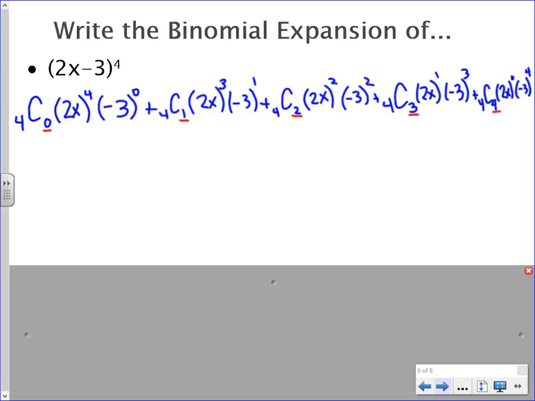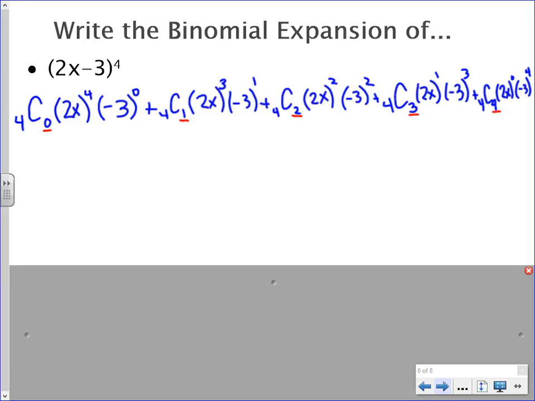So whatever the term is here, the second term in the binomial, its power will always match that combination number. So you can either remember that Pascal's triangle is 1, 4, 6, 4, 1, or you can do the calculations in your calculator.